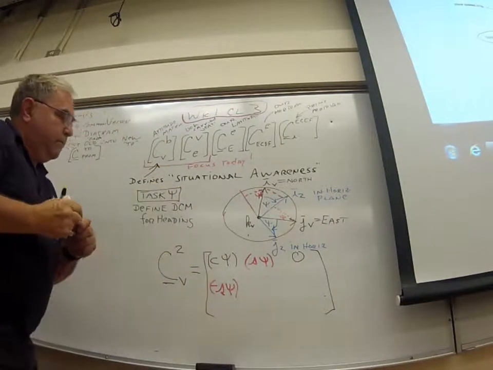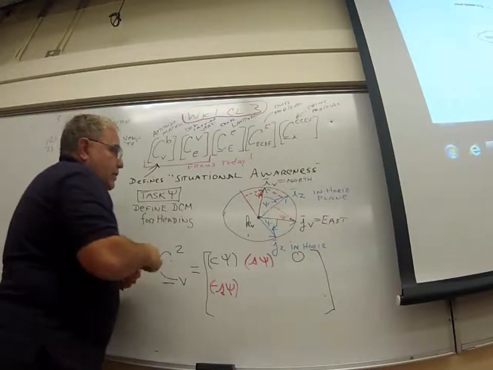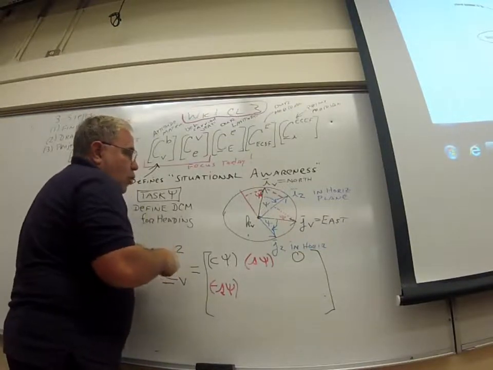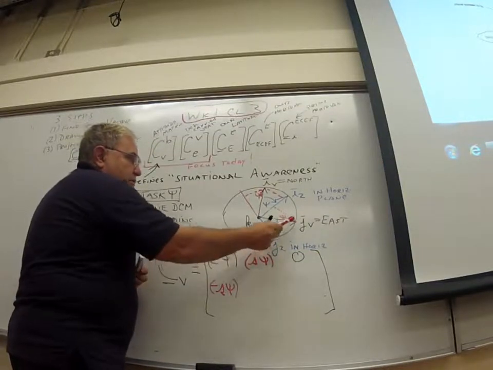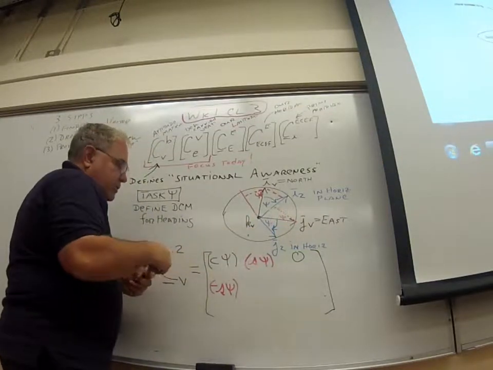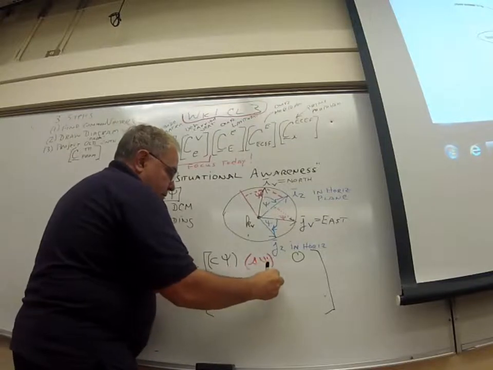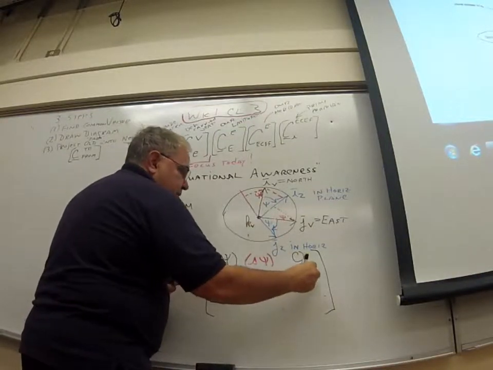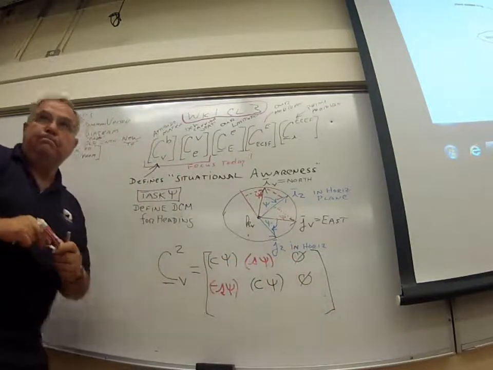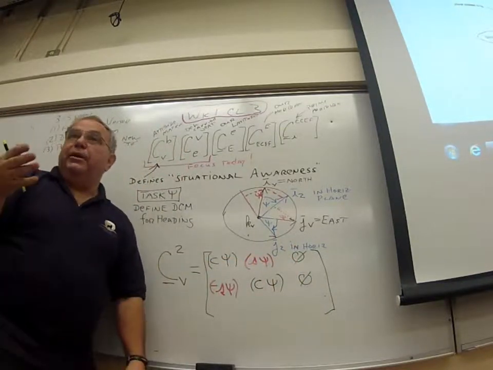Okay. If I drop the old JV onto the J2, JV, J2, I'm going to get the cosine again. And the third one, K is into the board, is going to be 0. The last one now, you should be up with me.